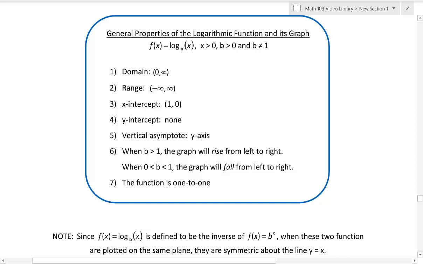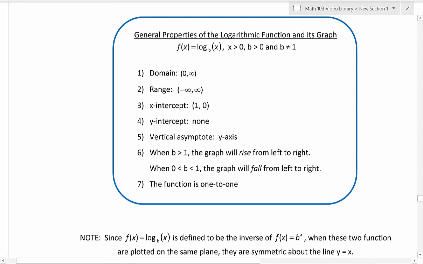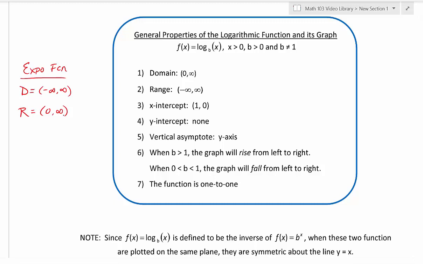Recall that the logarithmic function is the inverse function to the exponential function, and our exponential function had a domain of negative infinity to positive infinity, but a range of 0 to positive infinity. Also recall that for inverse functions, the domain and the range switch. So we see that happen right here with our domain and range for exponential and logarithmic functions.